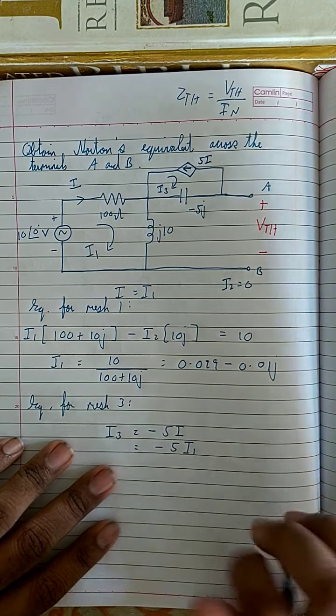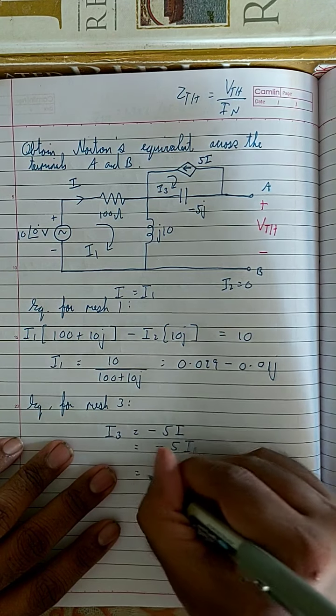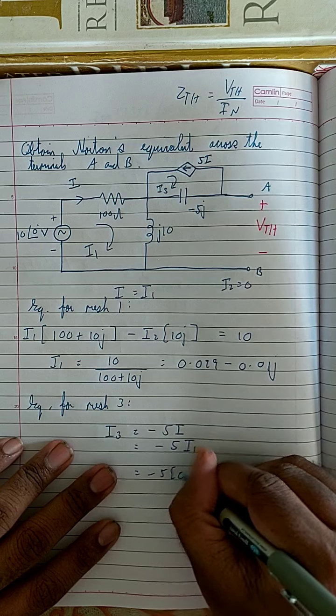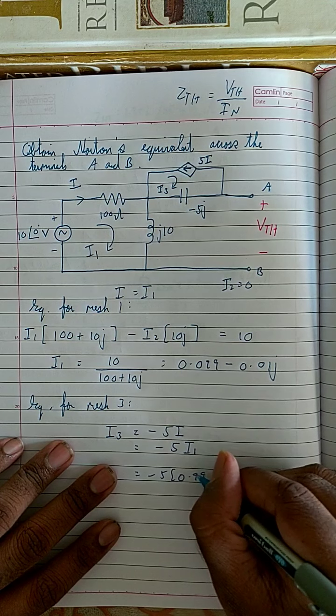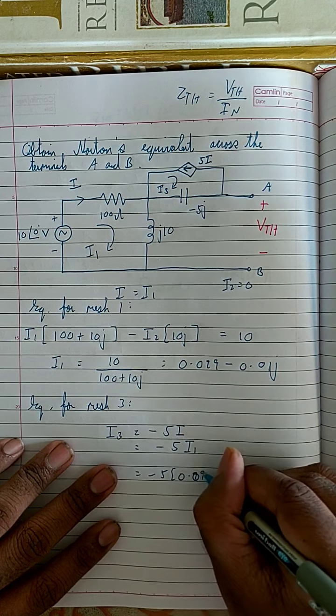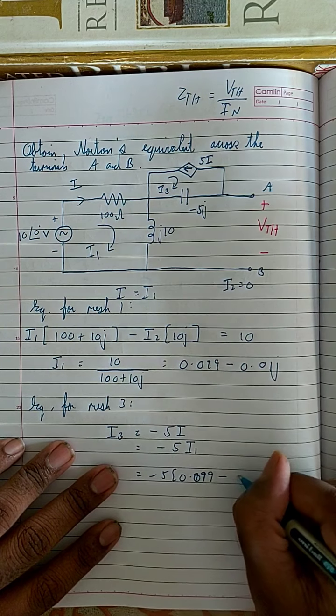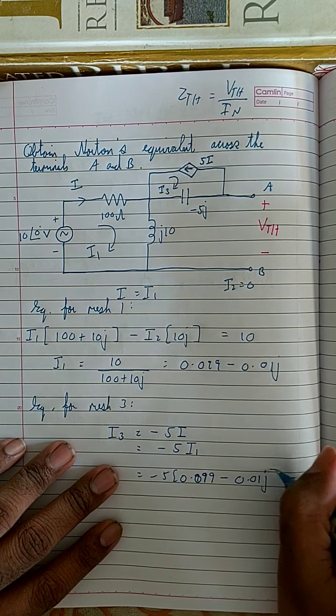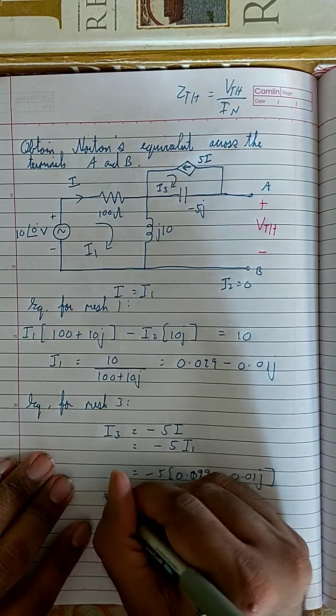I1 I have already found, so it is minus 5 times 0.099 minus 0.01J.